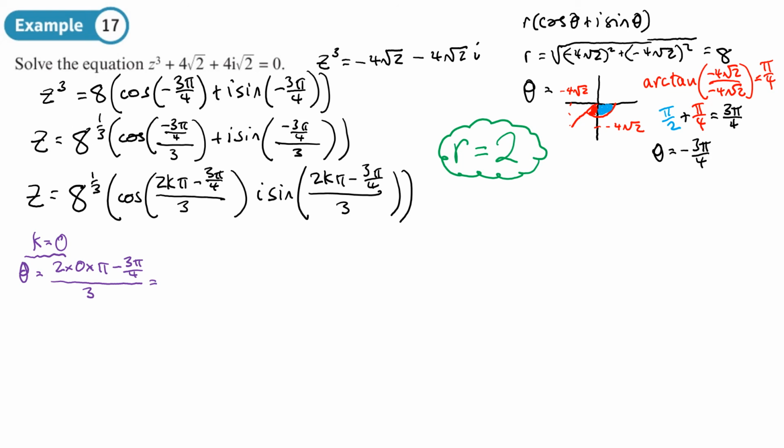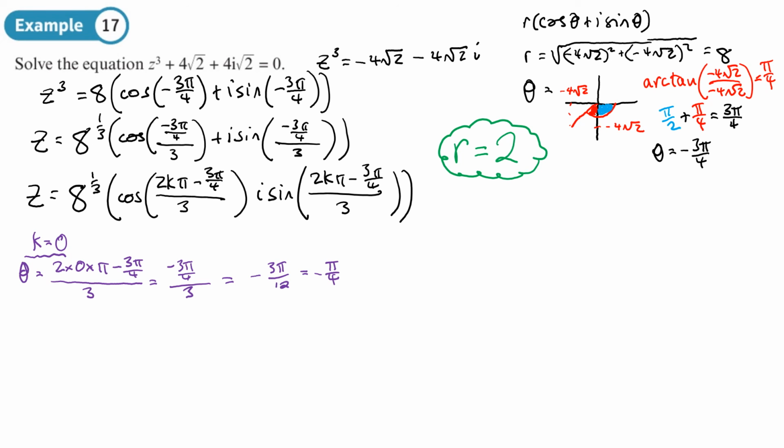So that's going to give me negative 3 pi over 4 divided by 3, which is negative 3 pi over 12, which simplifies. If you divide the top and the bottom by 3, you're going to get negative pi over 4. Okay, so that's argument number 1.